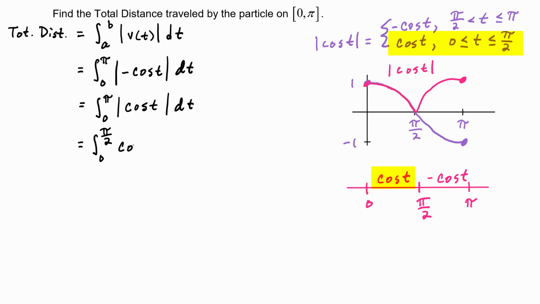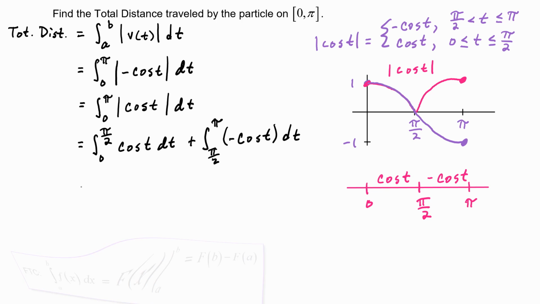So we have cosine t dt plus the integral from pi over 2 to pi. On the graph of cosine, it's negative, so from pi over 2 to pi, we have to flip it over the x-axis and use negative cosine t. Don't forget your dt there.